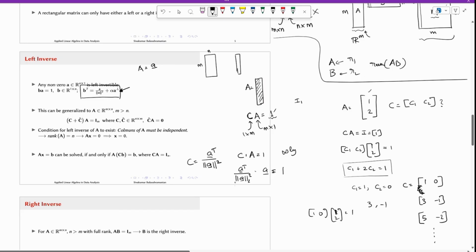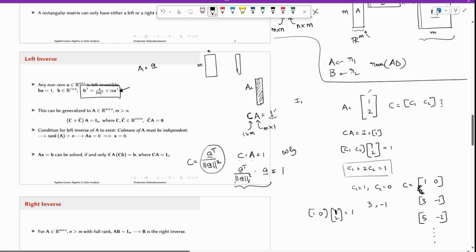But if I add to this vector any vector that is perpendicular to A, then if I do CA, I should still get 1.